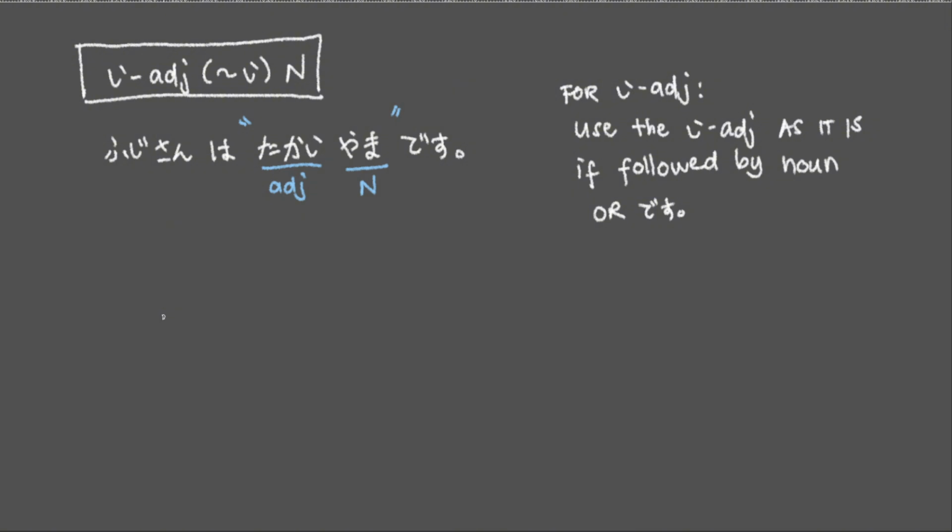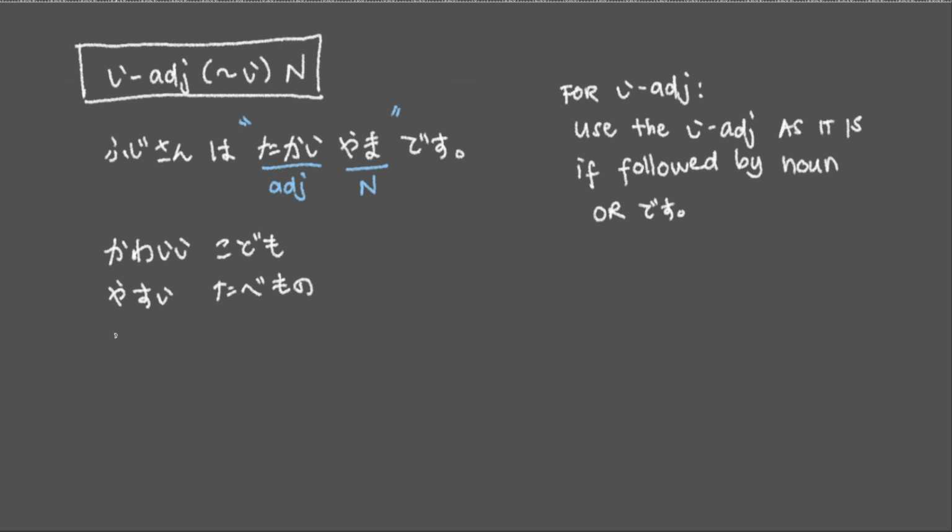Okay? So other examples. Kawaii onnanoko. Let's say kawaii kodomo. Or yasui tabemono.